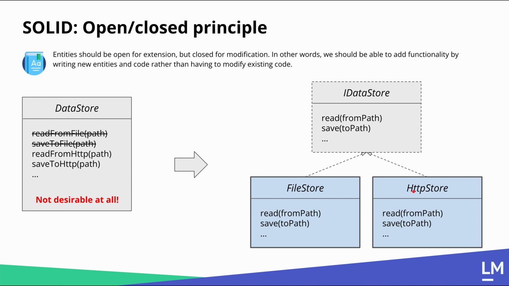An additional benefit is that any module that depends on this abstraction can quickly swap between file store and HTTP store because they both comply with the abstraction. So any module that works with the IDataStore interface will automatically work with file store and with HTTP store. That refers back to what we discussed on the concept of polymorphism, and that's why polymorphism is so important.